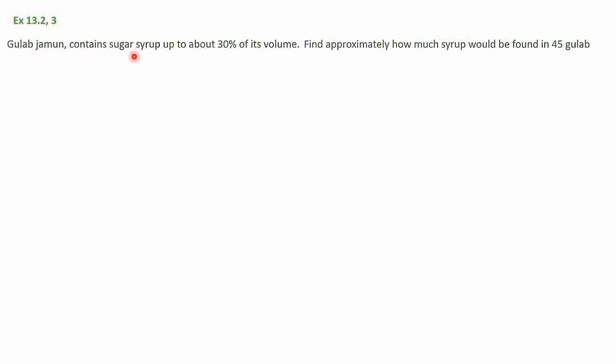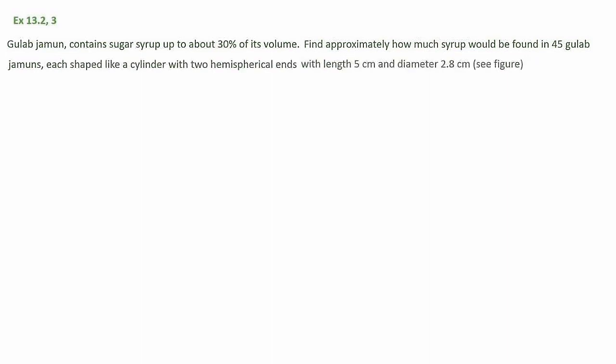Next we shall discuss the third question from exercise 13.2. Gulab jam contains sugar syrup up to about 30% of its volume. Find approximately how much syrup would be found in 45 gulab jams, each shaped like a cylinder with two hemispherical ends with a length 5 cm and diameter 2.8 cm.